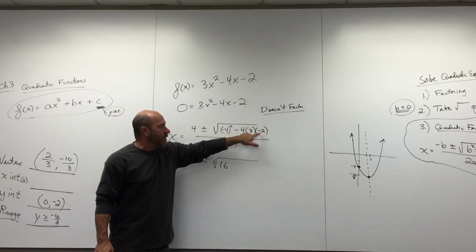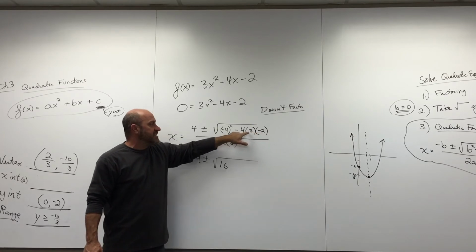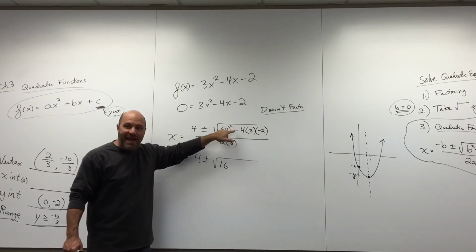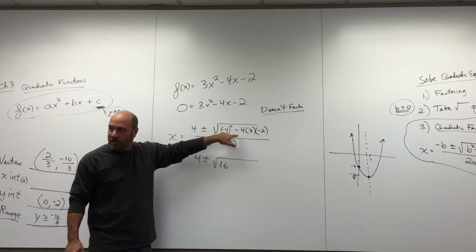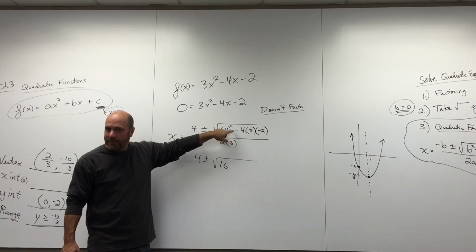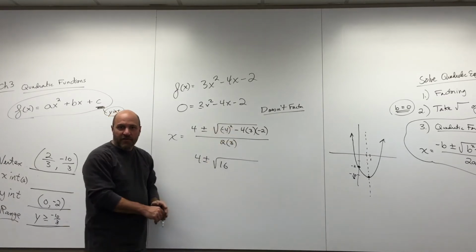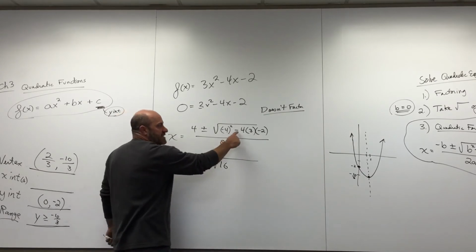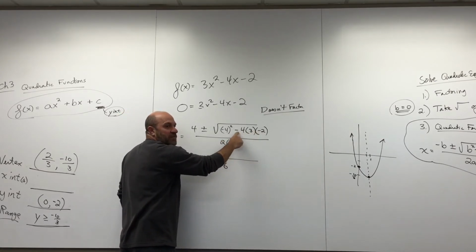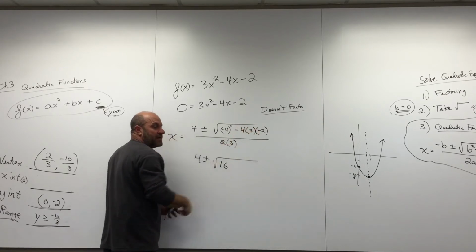If I multiply those 3 numbers, it's -24, but I'm subtracting, and I end up adding 24. Are you guys okay? Yes. One way I like to do it is just count up the negative signs. I see 2 negative signs, I know it's going to be positive 24. And then I multiply the numbers.